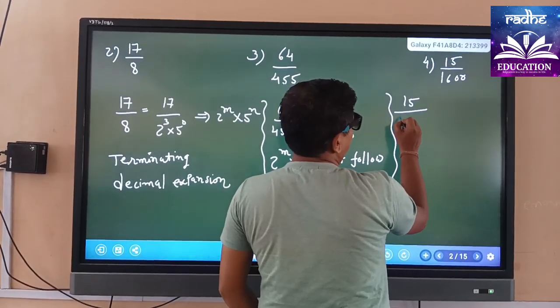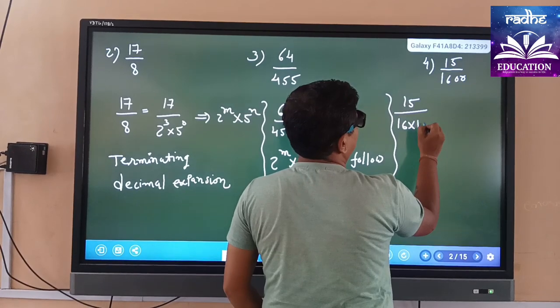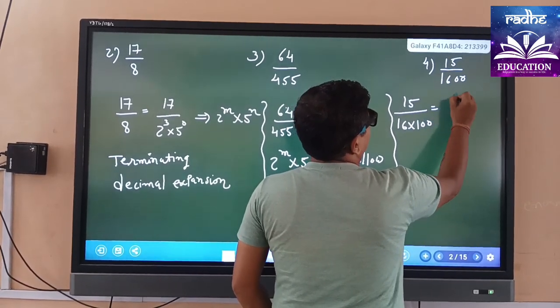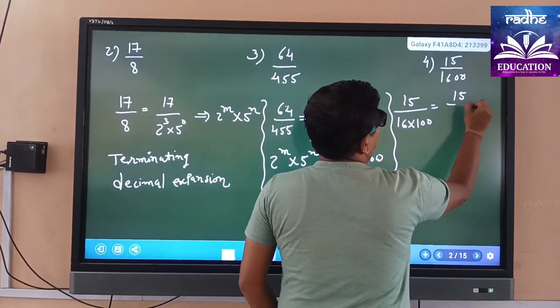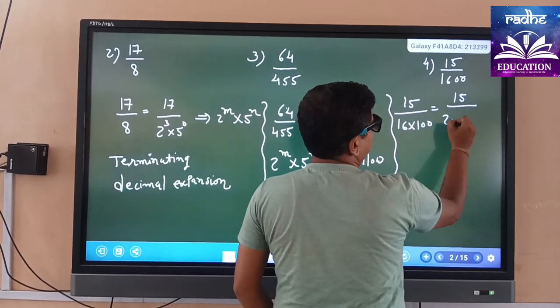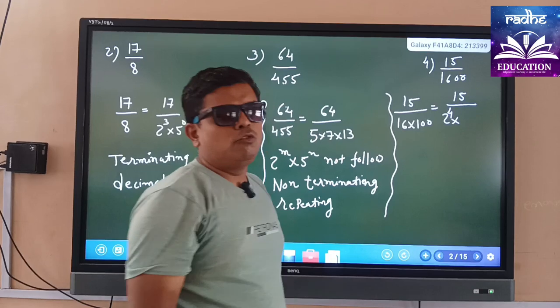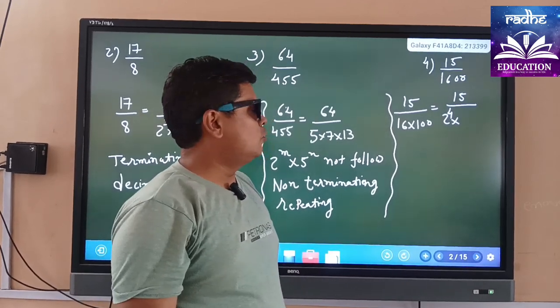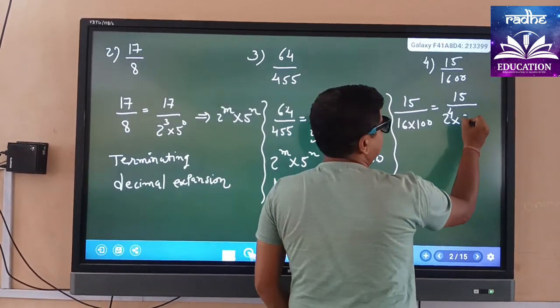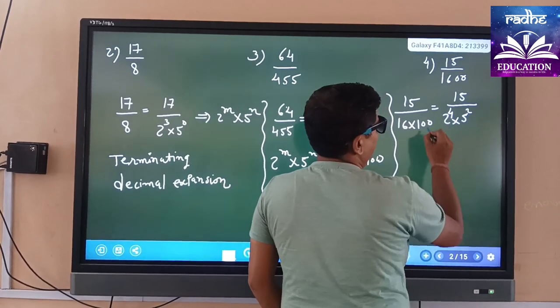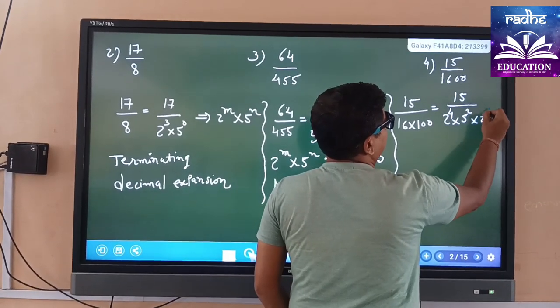So we can divide this into 16 into 100. We are not concerned with the numerator, so we keep it as it is. 16 we can write as 2 raised to 4, and 100 we can divide into 4 times 25. 25 we can represent as 5 square, and 4 we can represent as 2 square.